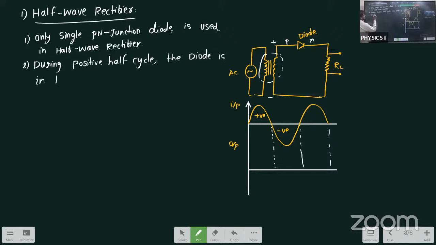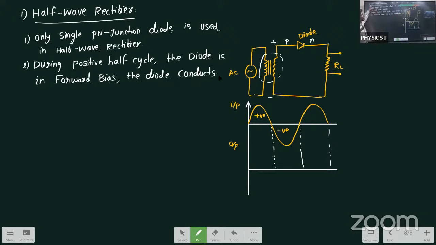Is in forward bias. And whether the diode will conduct or not? Yes, the diode conducts.